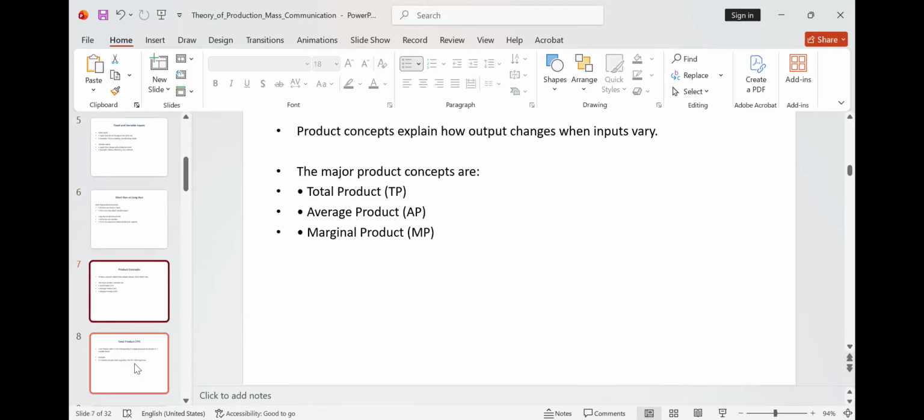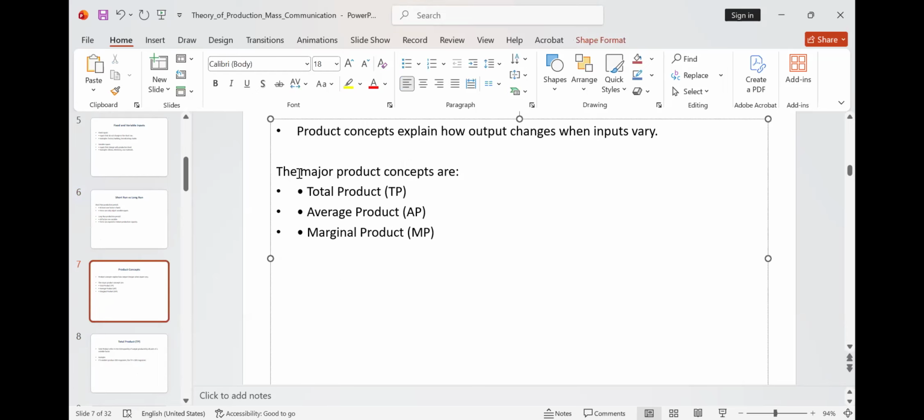Okay? Now, we can also talk about production concept in terms of how output changes when input varies. We have three major types: total products, average products, and marginal products.